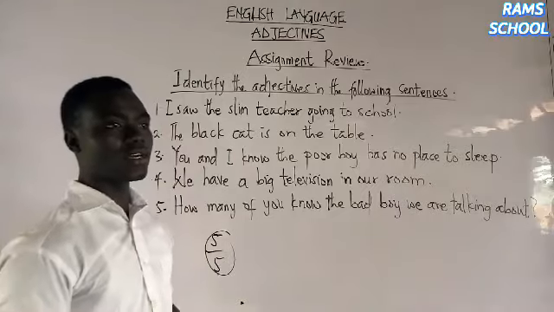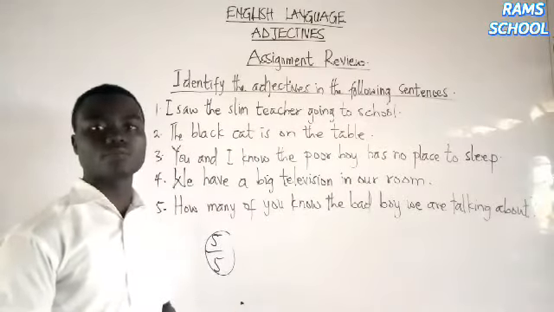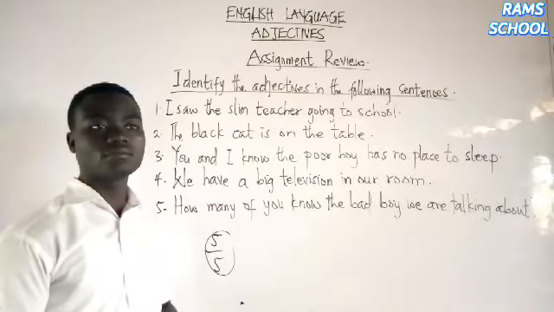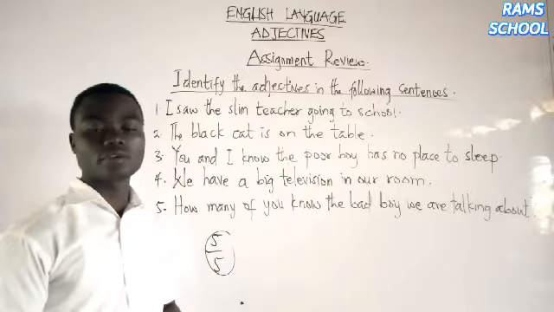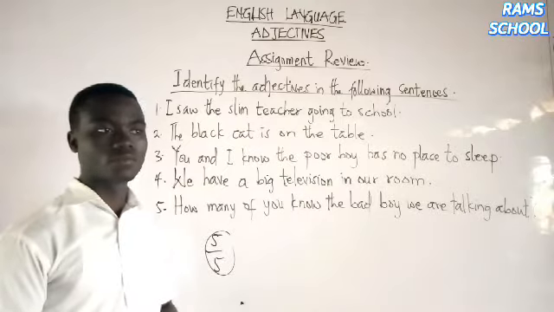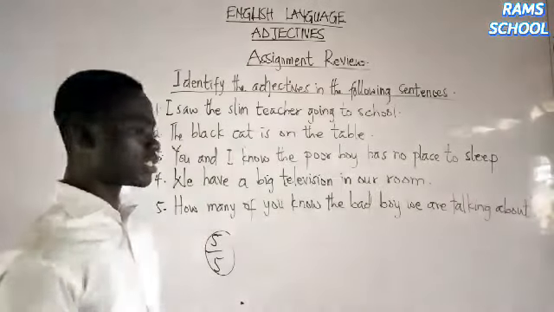Before that, let's consider what an adjective is. Remember, an adjective is a word that is used to describe a noun or a pronoun. A noun is a word that names anything in the world, and a pronoun is a word that replaces a noun. Good. So we consider such examples in each case.